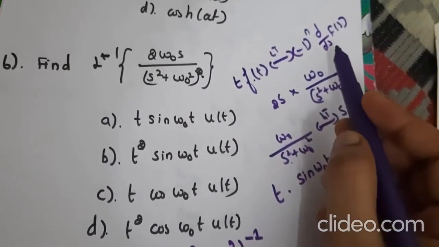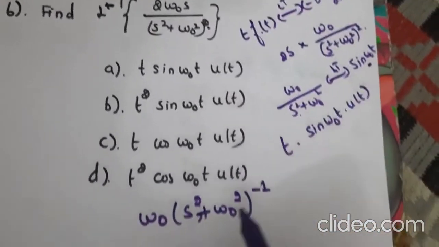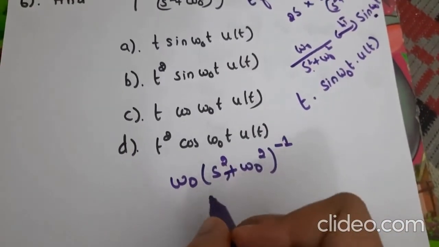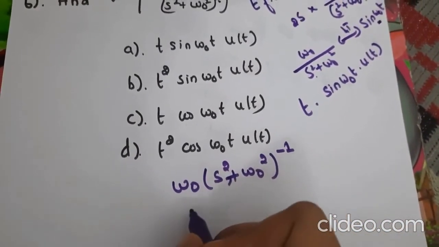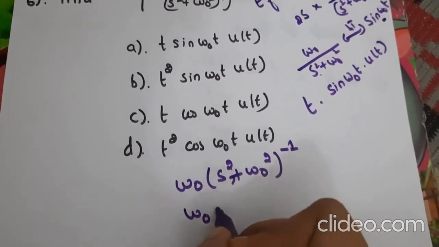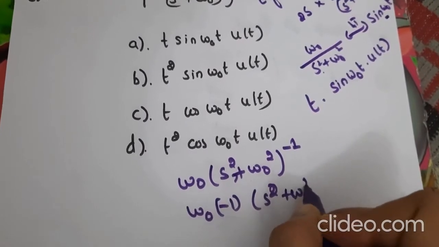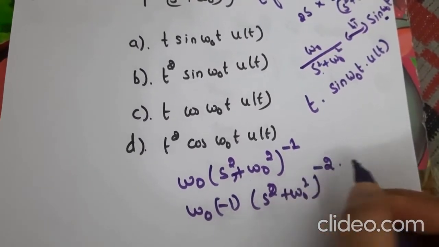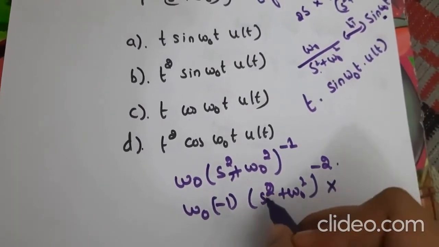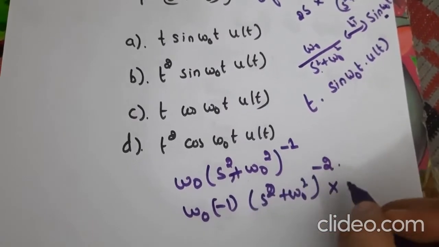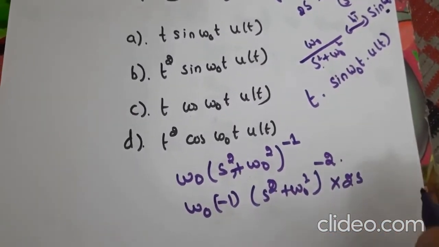So now from this property we have to differentiate this F of s, differentiating with respect to s. We will get minus 1 into s square plus omega naught square power minus 2, into the differentiation of s square, which is 2s.